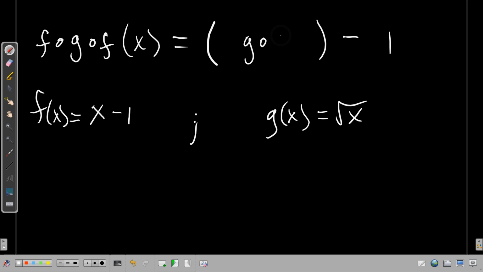And the stuff that goes in here is g circle f. But g circle f is just the square root of f. And there you are. Not much to it.